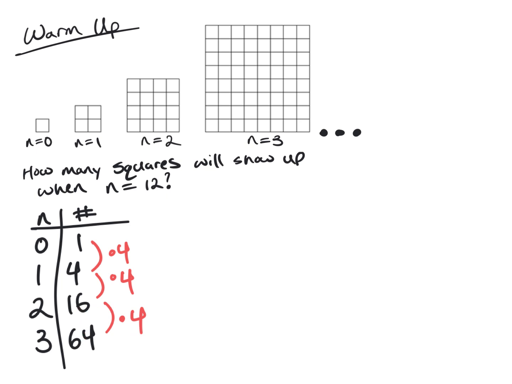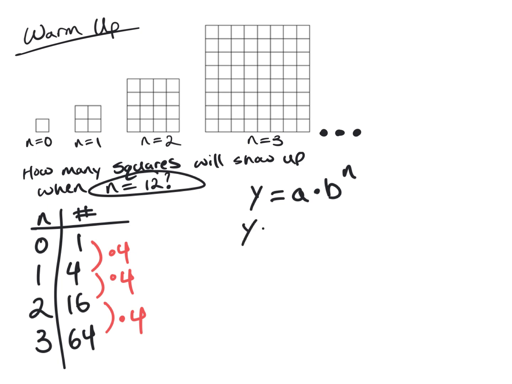You could figure out how many squares would be on the 12th step if you just kept multiplying by 4. Or we could use the function notation like I've taught you, y equals a times b to the x power. In this example, our input is n, not x. So a is where we start, and b is what we multiply by on each step.